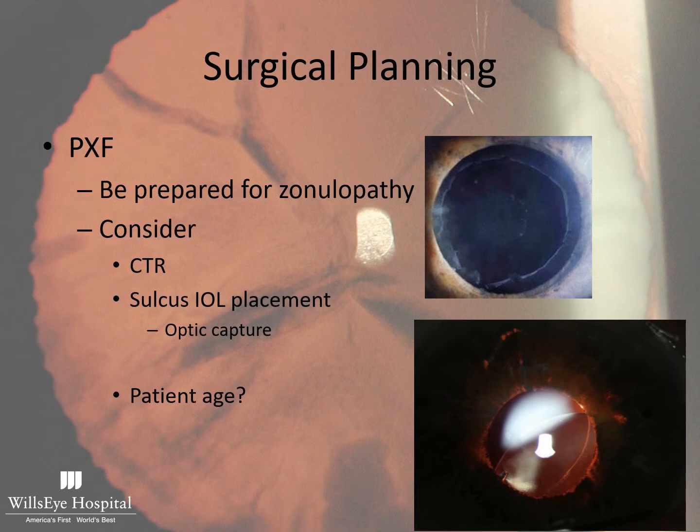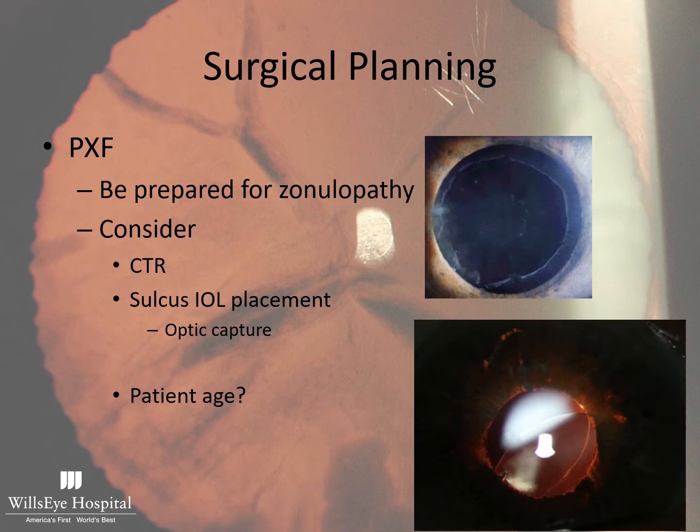However, it is helpful in the sense that if the complex dislocates, having a CTR in the bag allows for certain rescue techniques, whereas if it's a single one-piece acrylic foldable lens, it is more difficult to rescue that complex. Alternatively, you can do sulcus placement of a three-piece lens and do optic capture, also a very good potential technique, and leaves you options for rescue.